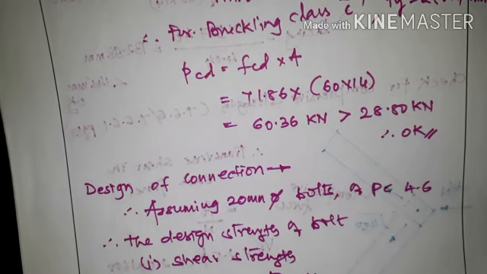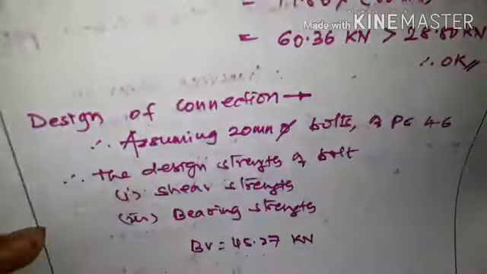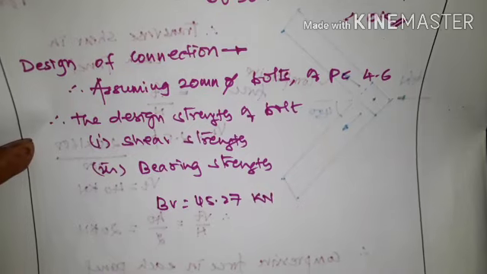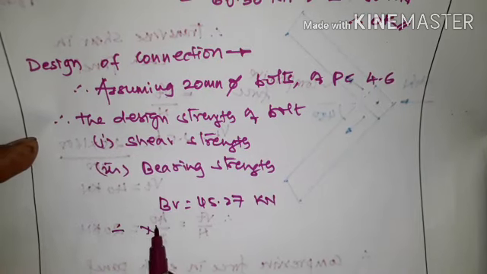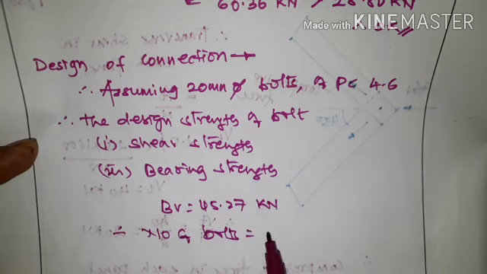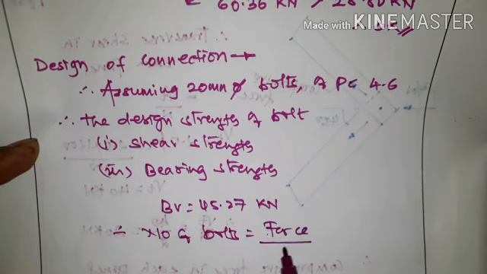By this you will get the design strength of bolt, Vb, equal to 45.27 kilonewton. I am not going to calculate it again; you people have to find that out. So that is 45.27 kilonewton. Therefore the number of bolts is equal to force divided by bolt value.